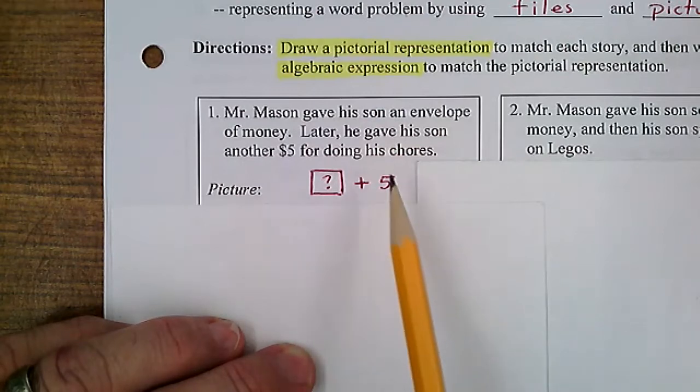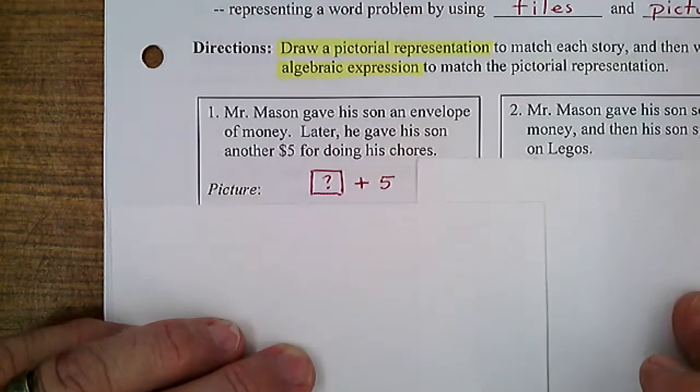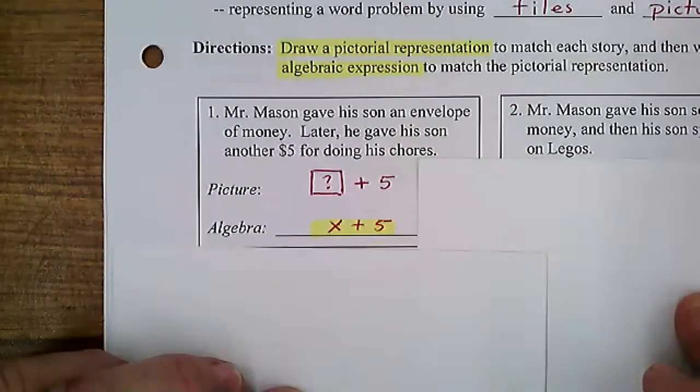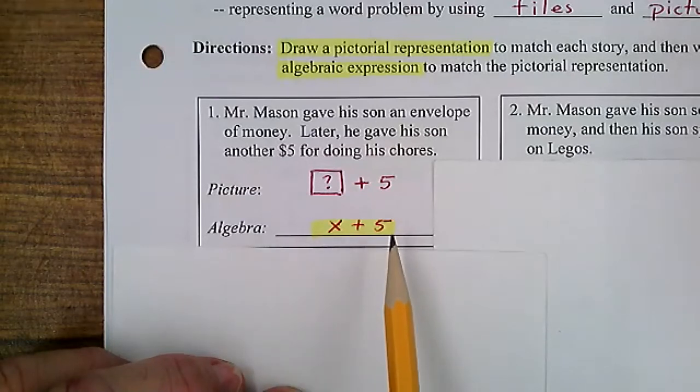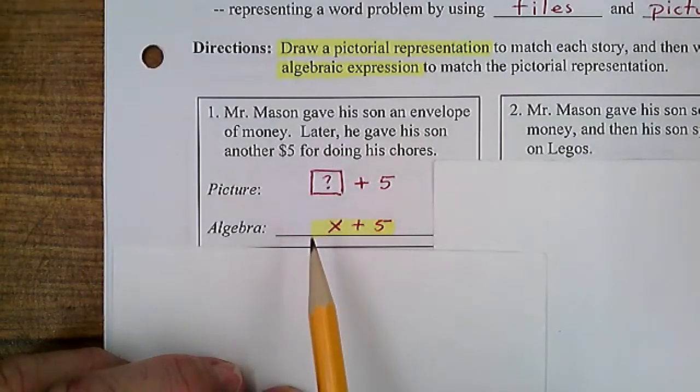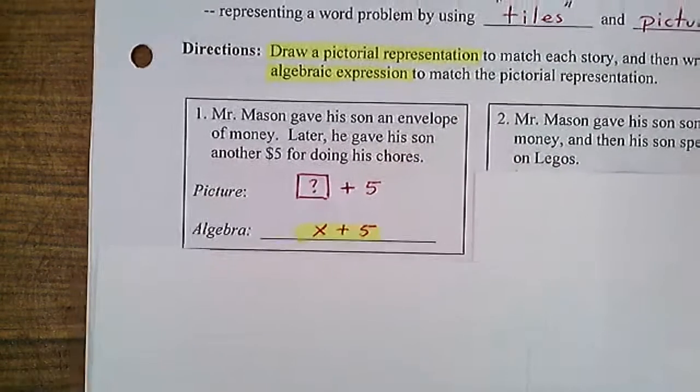Now, if I want to translate this into algebra, this is not algebra, this is just a picture. So whenever we have an unknown, then we actually use a variable. And there would be the algebra expression, x plus 5. Okay, so we don't know how much is in there, so we're going to use the variable x. Okay, all right, let's try number two.